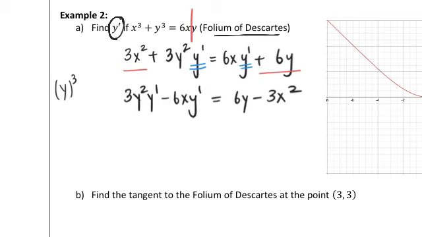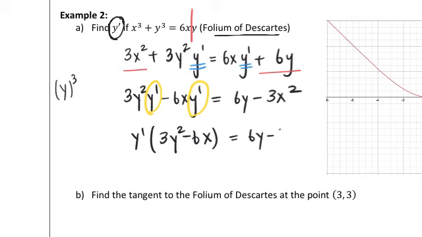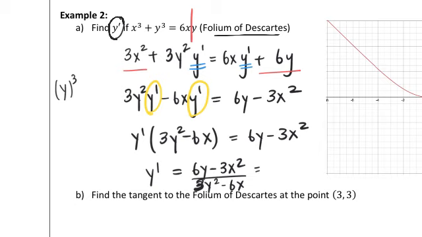And now you notice that we put everything with a y prime on the left side, which means y prime is a common factor that I can pull out and write the left side like this. And so now I can solve for y prime, isolate y prime by itself. So y prime, remember, is the same thing as dy/dx. So this equation is equal to dy/dx, or y prime.